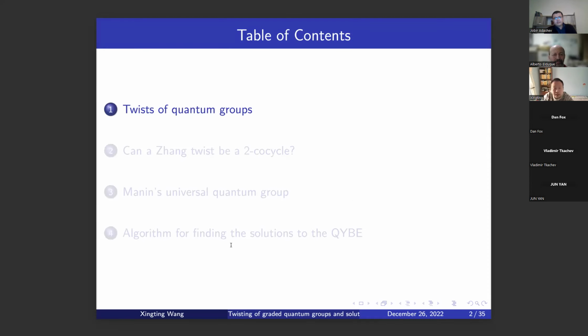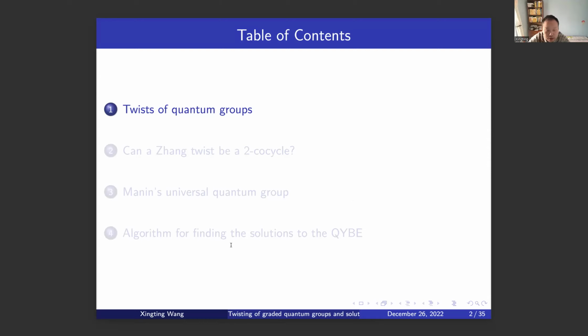So let me first give some overview of the main themes of my talk. I'm going to divide my talk into four parts. First, I'm talking about the twistings of quantum groups. Basically, I'm going to introduce two different versions of that, and in the second part, I'm going to answer when one equals the other.